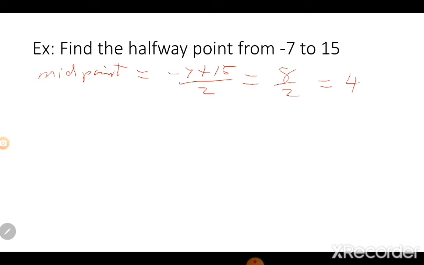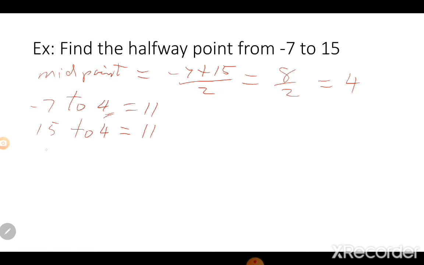Right? And if we looked at the distance from minus 7 to 4, we see that's 11. And then from 15 to 4, we see that distance is also 11, right? So here's our midpoint. Our midpoint is 4, and then from that 4, the two ends, minus 7 and 15.